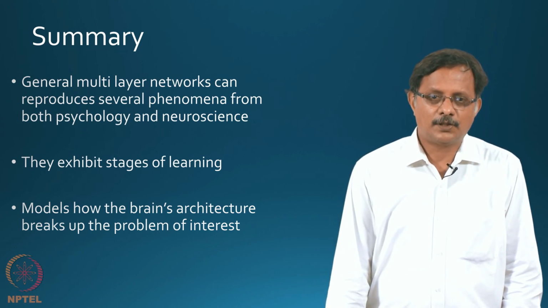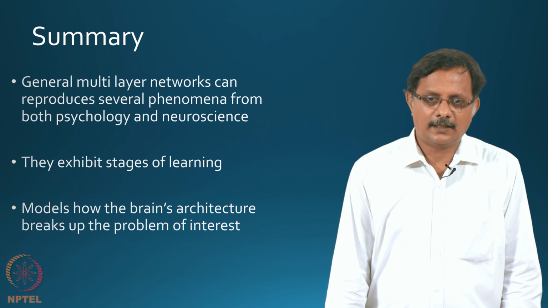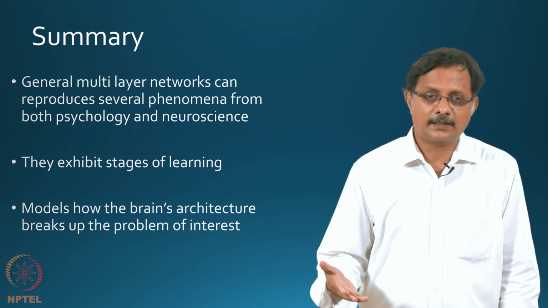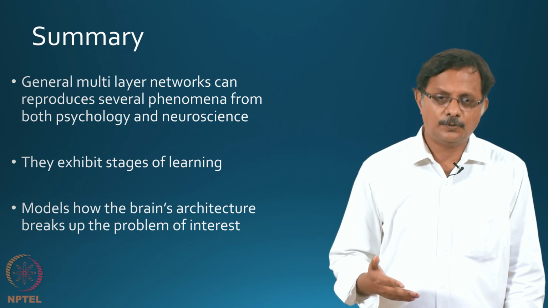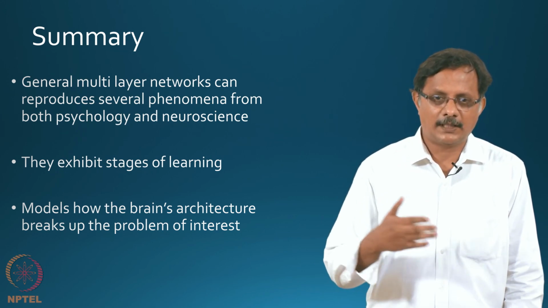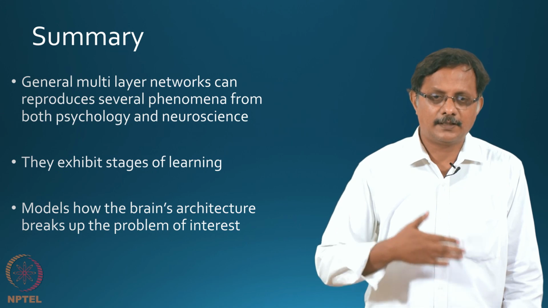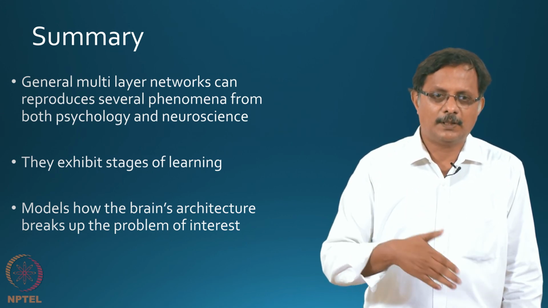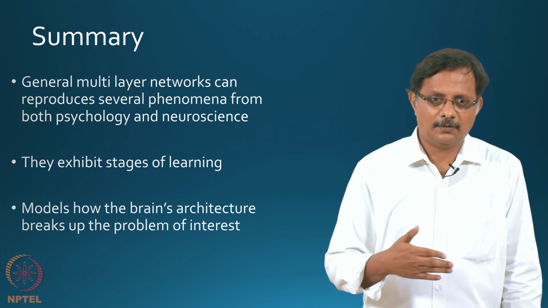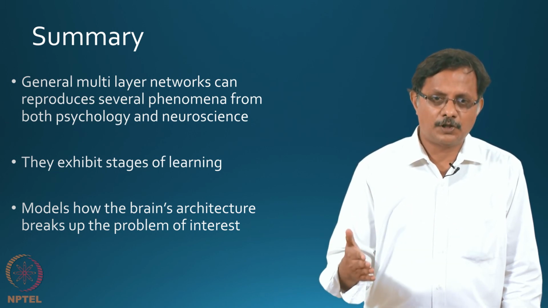These kinds of networks also model the brain's architecture, and how the brain's architecture can break up the problem of interest. In this case we have seen how the visual system breaks up the problem of recognizing complex objects, and we have also seen how networks with multiple layers can also break up the problem of visual pattern recognition in very similar ways.